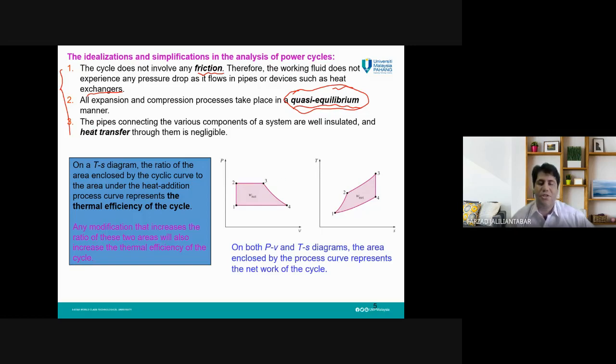And assumption number three is the pipes connecting the various components of a system are well insulated and heat transfer through them is negligible. These three assumptions will help us a lot to deal with different types of the cycles. Without these assumptions, you cannot easily solve the problem related to thermodynamics and cycles actually.